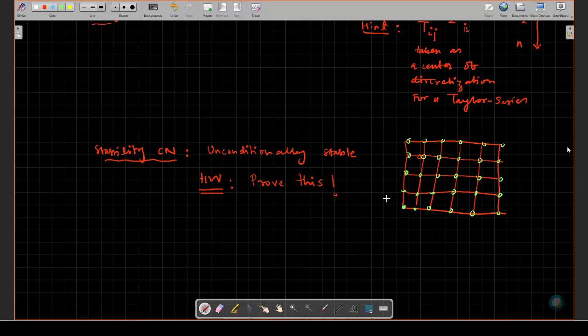When you are solving, we move from one grid point to another grid point, and then to another, like that. So we go point by point. This is the point by point approach.